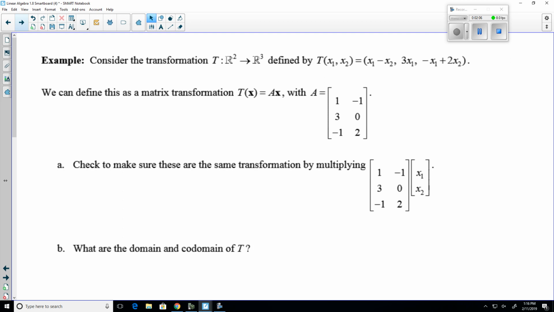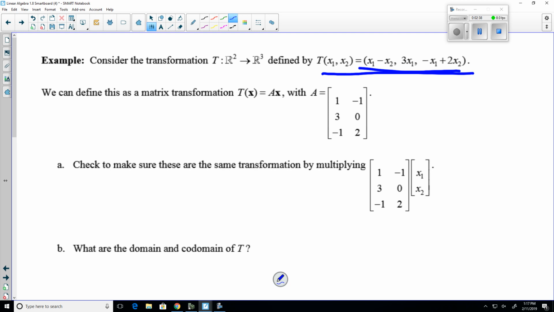So we have this definition T. It takes R2 vectors and turns them into R3 vectors. And this definition here tells you how that happens. It tells you what you actually calculate to make that happen. And we figured out that if you just use this matrix and multiply your vector, that will do the exact same thing as this. Okay?